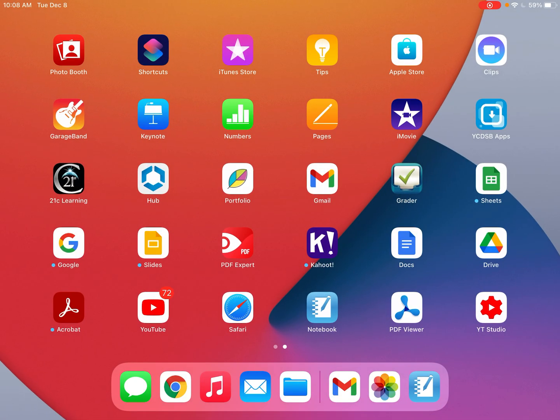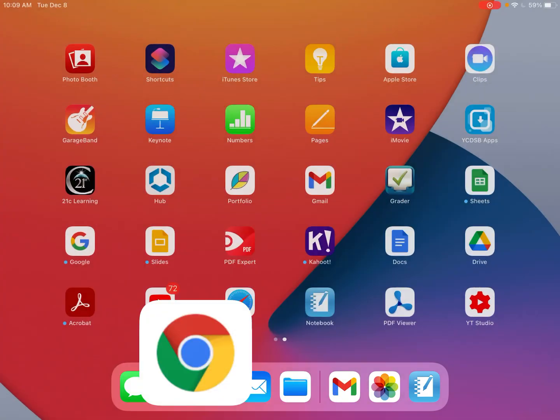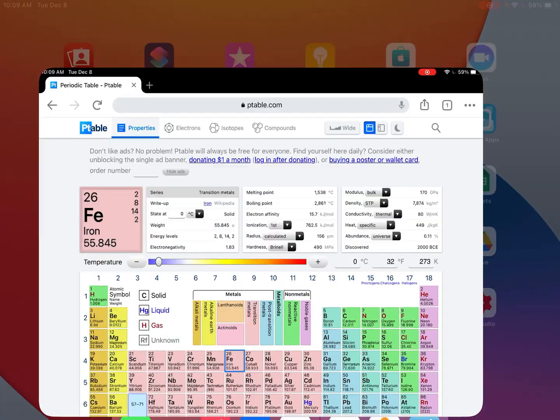Let's look at our periodic table. Iron has an atomic number of 26, so my proton number is 26. And I know that protons are always equal to electrons in atoms, so 26 and 26.